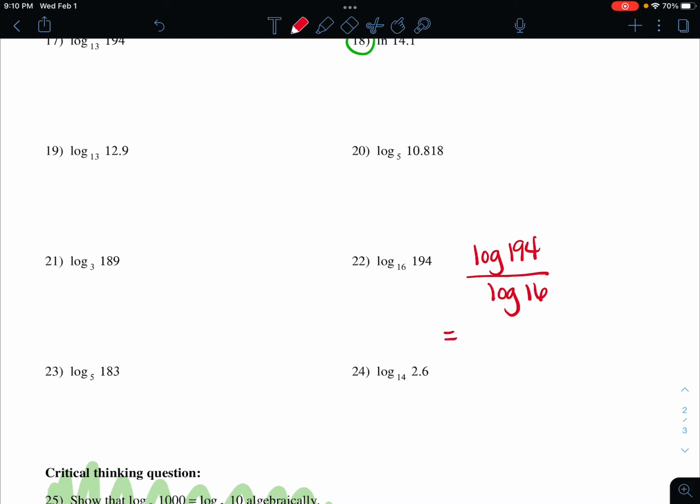Oh, I hate that. Okay. On my calculator, I get 1.899999, it's a bunch of 9s. It's just 3 9s. I think I said 4. So that's actually going to round up to 1.900. But that's 3 decimal places. So that's number 22. There you go.